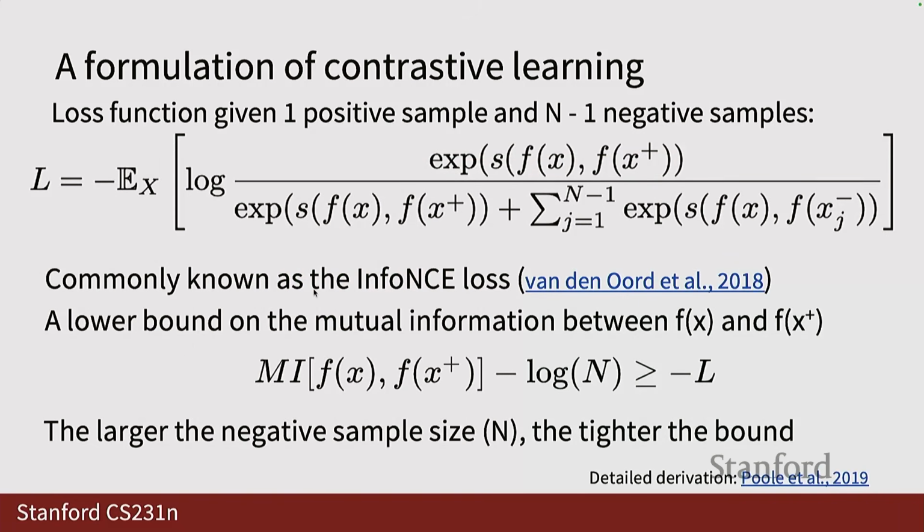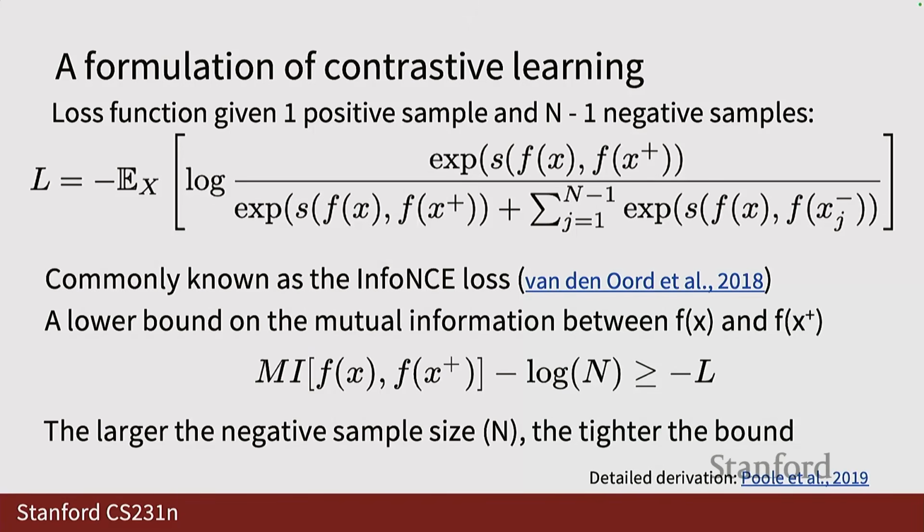This function is called InfoNCE, or the information noise contrastive estimation loss, which was proposed in this paper. And there are a lot of theoretical discussions in the paper that this objective, this loss function, measures dependencies. It's a lower bound on mutual information.